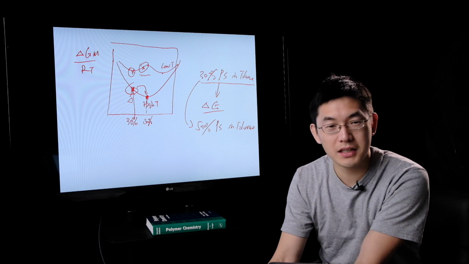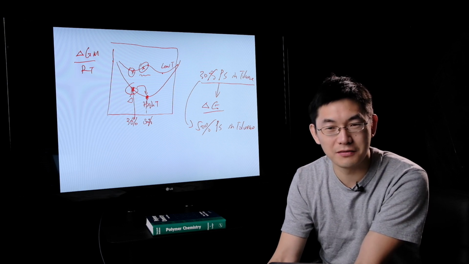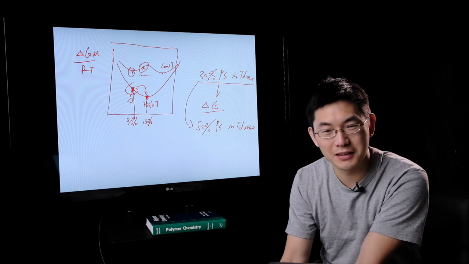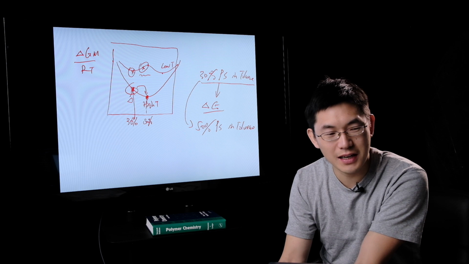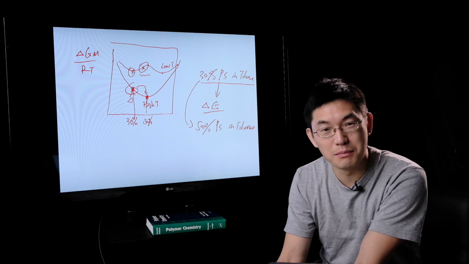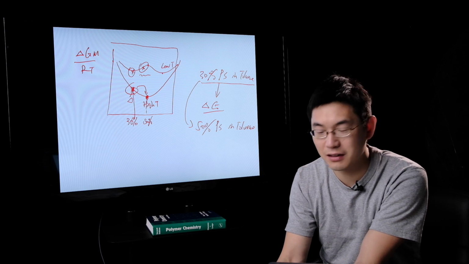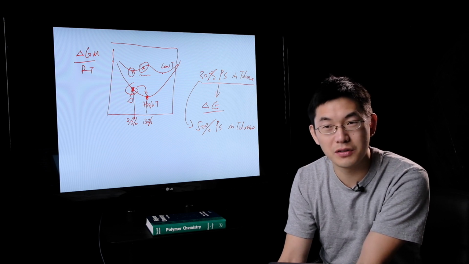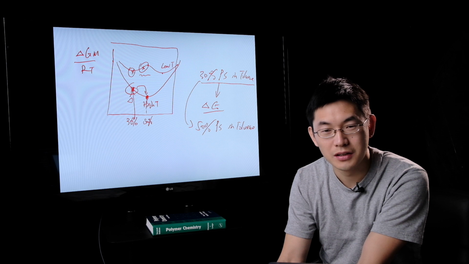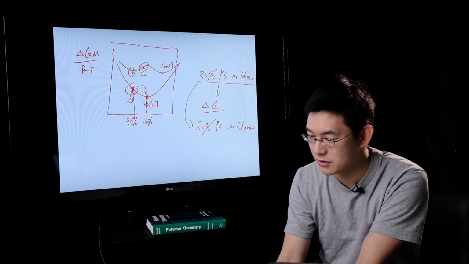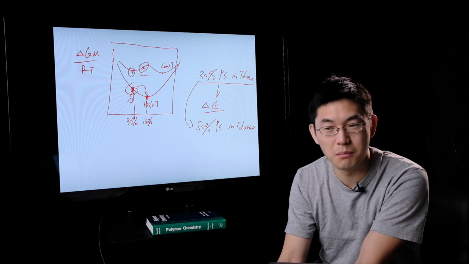We cannot magically get more polystyrene. I cannot magically make a 30% concentration go up to 50% without doing anything to the system, without causing some problem, because conservation of mass is a universal law.